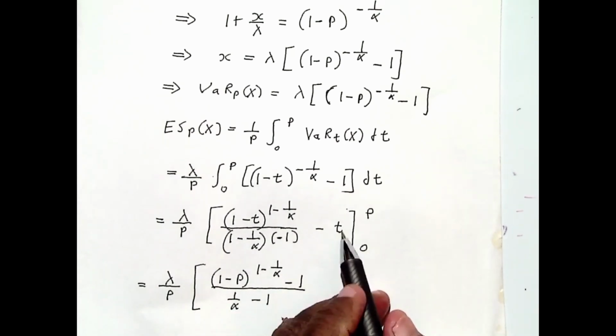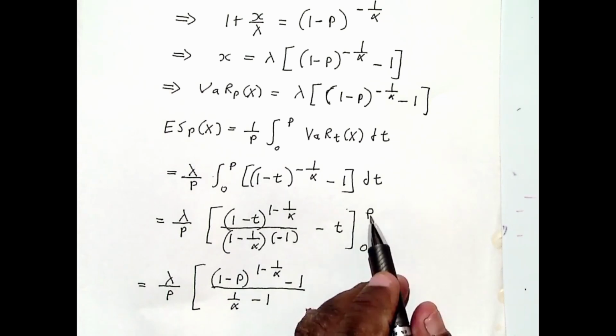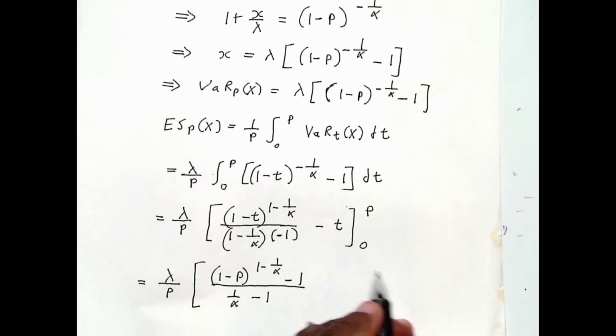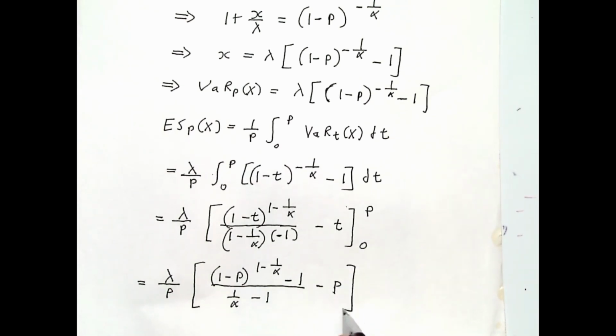And the limit of t at p is p, and at 0 is 0, so it's going to be minus p. So this is the expression for expected shortfall for part 7 of sheet 6. Right. Okay, next is part 8.